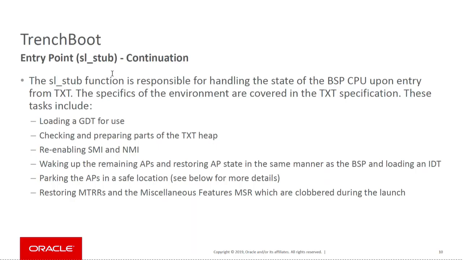It initializes the BSP CPU upon entry from TXT. We do this according to the TXT specification. Then we are loading GDT, checking and preparing some parts of the TXT heap, enabling some interrupts, waking up APs, and restoring their states, and then parking all APs in a safe location.